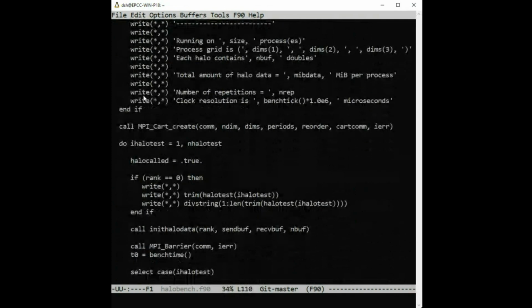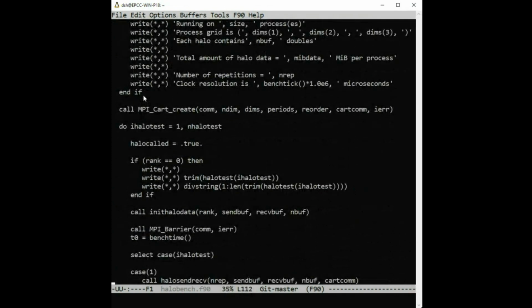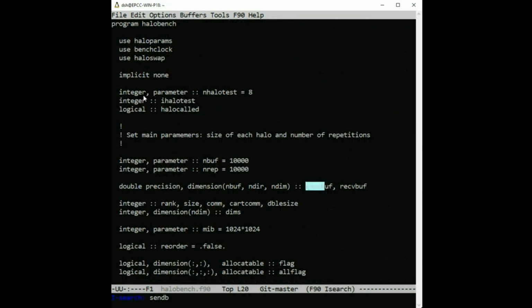I think they're doubles, I should know that actually. So yes, double precision. So these messages are 80K long. That's just below the eager limit, so it would be interesting to try a different number there.